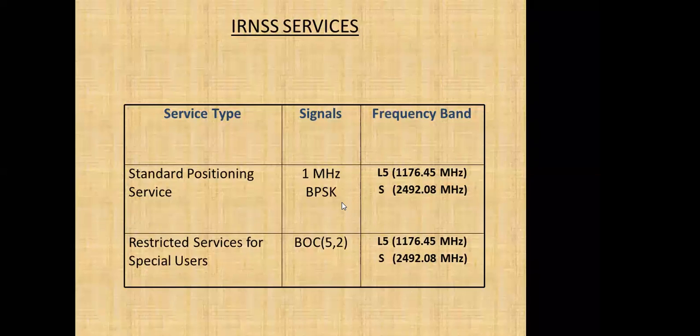That code is not known to civilians, but the SPS code is known to civilians. Currently, from what information I have, for the restricted service we are using a 1 year long code. Means for new satellites, we will put a 1 year long code for the restricted service user, so that it cannot be easily jammed or easily spoofed.